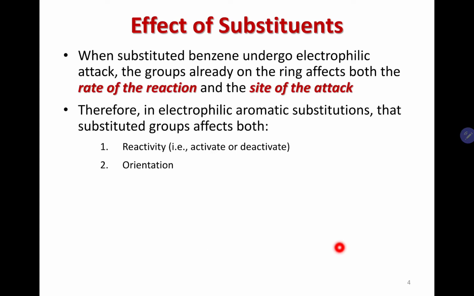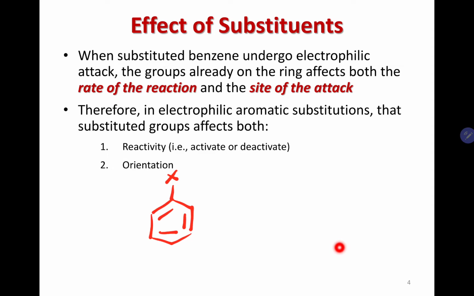So in this next slide, I have a detailed explanation on how the already existing substituents affect these incoming substitution. Okay, so basically when you already have a substituent present on benzene, let's call it X. So this is the already existing substituent.